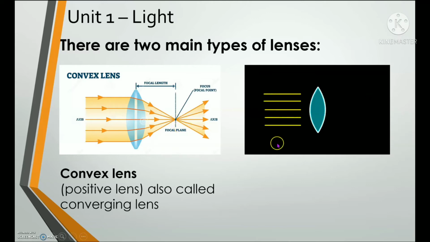As we can see in this short video, the light rays pass through a convex lens. The lights converge to a single point there. That is a convex lens. Now the question: why is a convex lens called a converging lens?